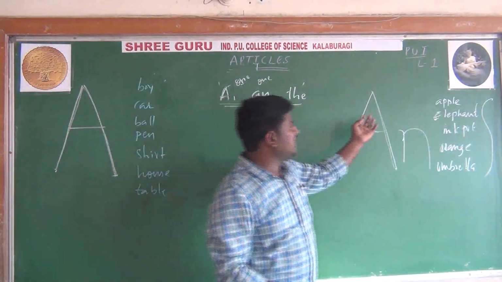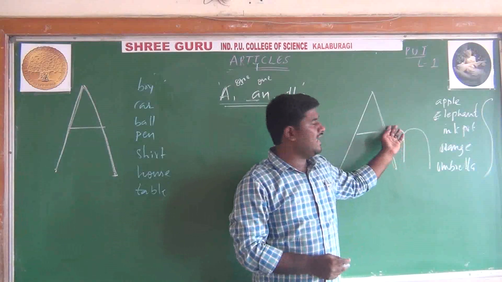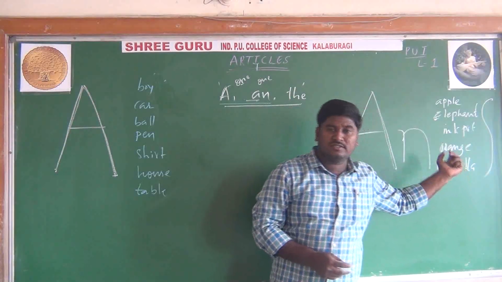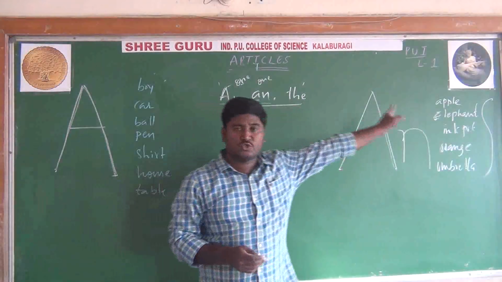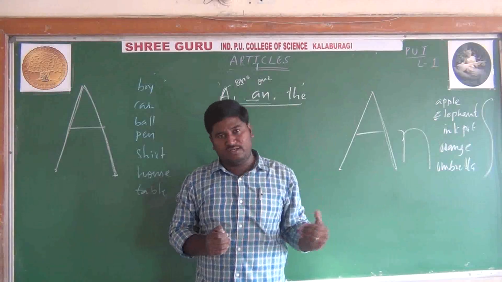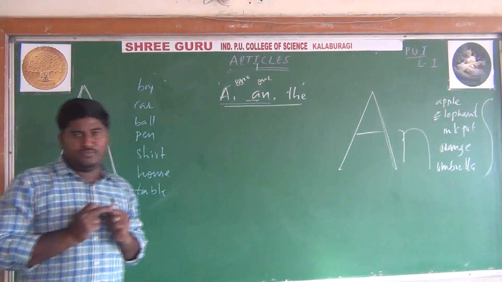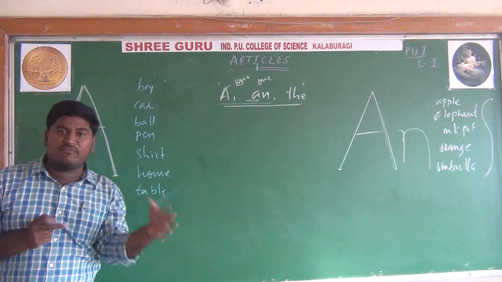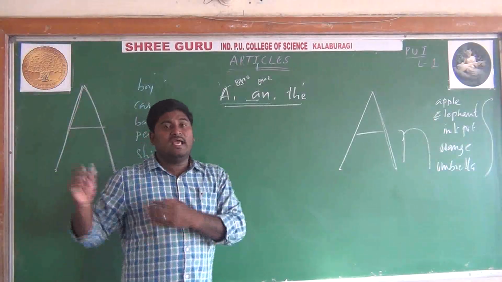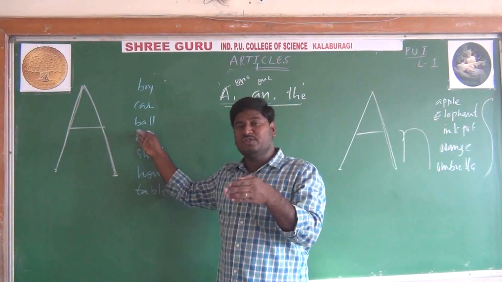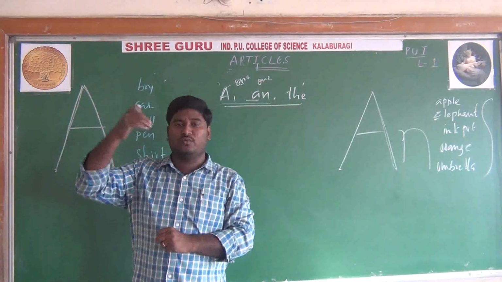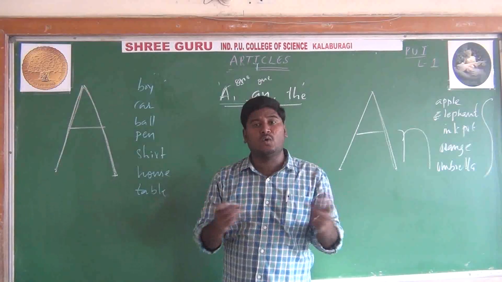You cannot say an apples, an elephants, or an oranges. That is wrong because an means one. A means one, an means one. These two are considered indefinite articles. Why do we say indefinite article? Because a is not used before a noun which is certain, which is already mentioned or known.